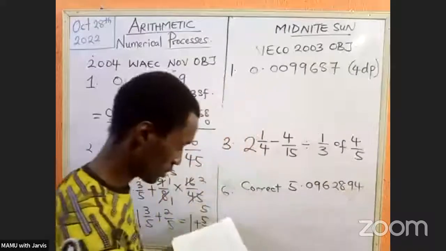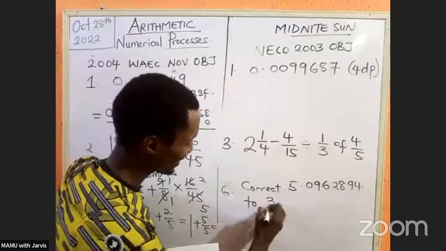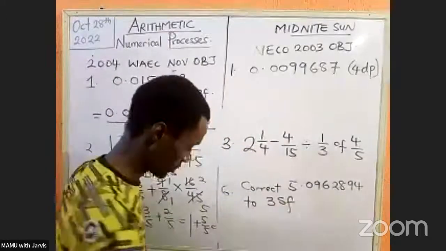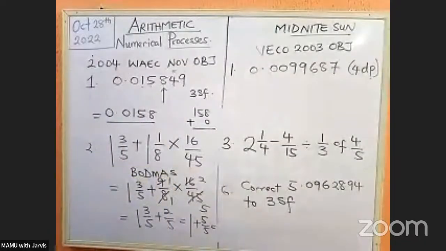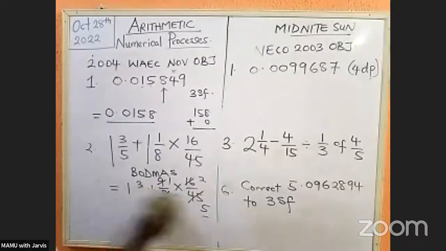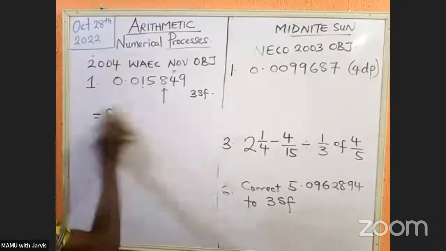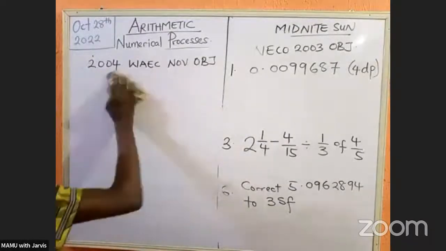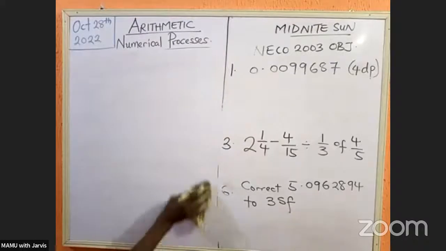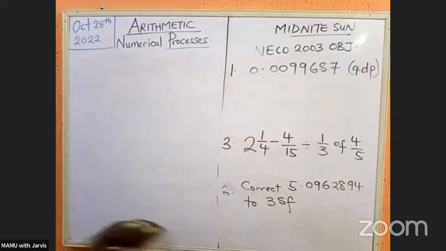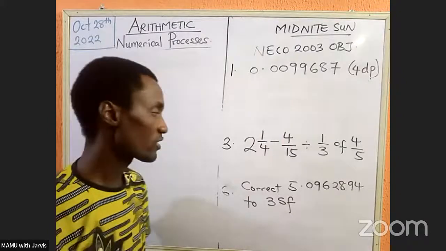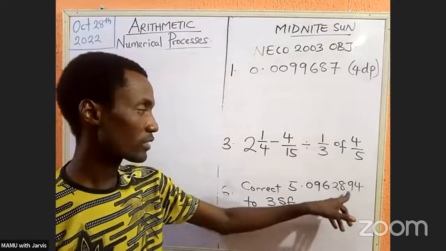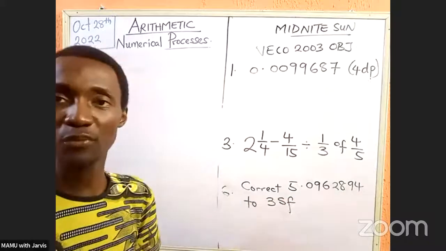5.0962894 to 3 significant figures. You are asked to correct that to what? 3 significant figures. Correct 5.0962894 to 3 significant figures.